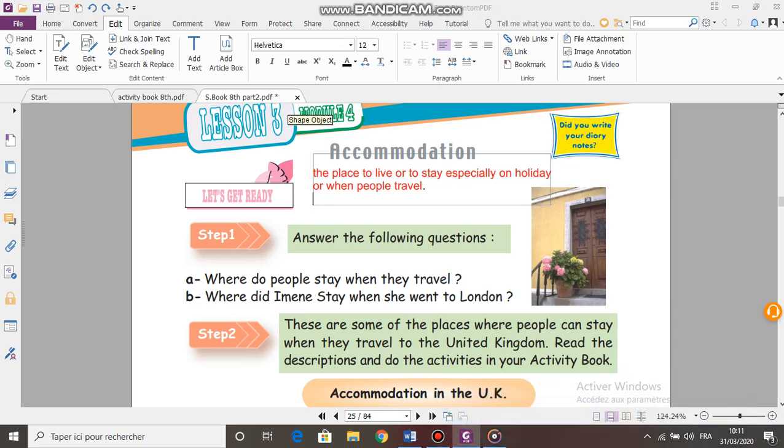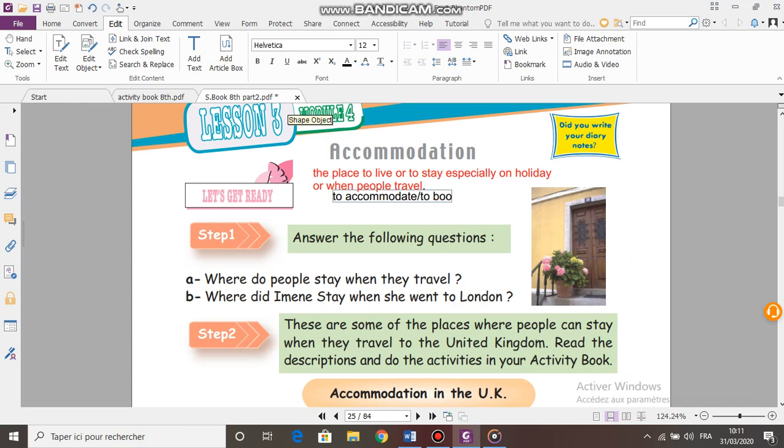The verb from this noun is to accommodate. Just a second, I'm just writing here. So to accommodate is the verb. We can use this verb, or also we can use to book.